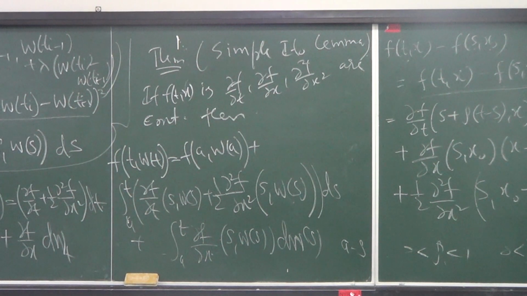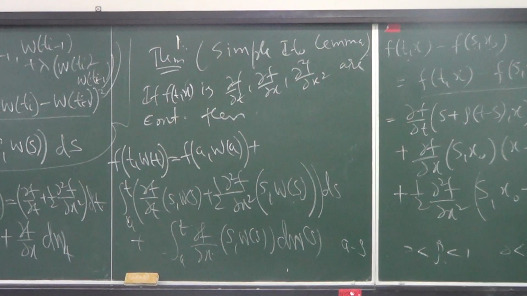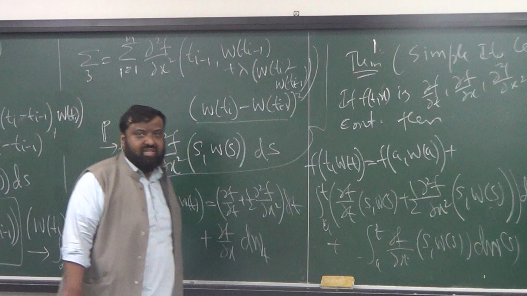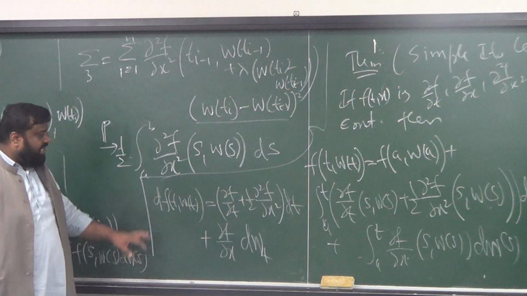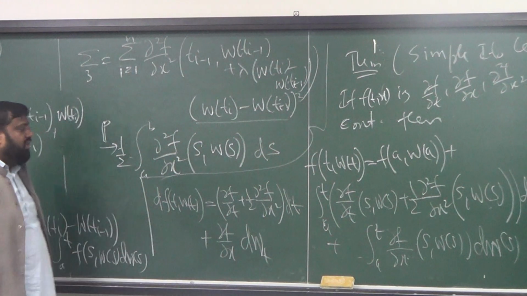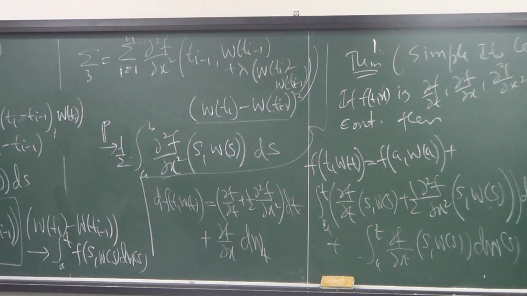You have to keep in view that this doesn't have a meaning in the calculus sense because there is no differential of Brownian motion. But this differential has the meaning of the integral form, so it is written in a stronger form.